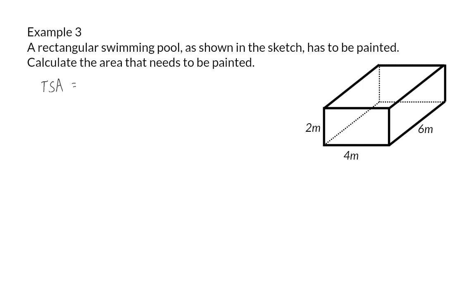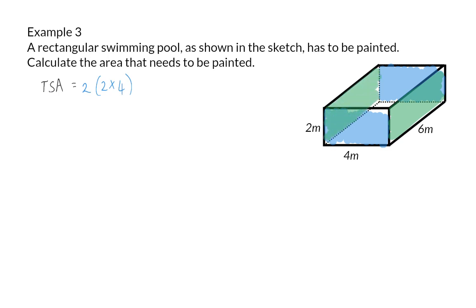Our first rectangle is the rectangle at the front, which is a 2 by 4 rectangle, and this one is repeated at the back. So our first calculation will be 2 2 by 4 rectangles. Then on the side, we have a 2 by 6 rectangle, and of course we have one on the right and on the left.